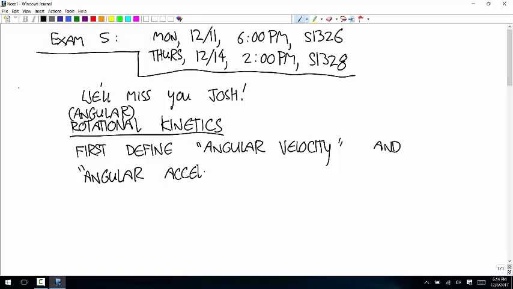And one thing that's going to be very helpful in this whole discussion of angular kinetics is that everything we talk about as an angular quantity has some analogous particle quantity. So angular velocity, we're going to see tons of similarities between that and particle velocity. And angular acceleration, there'll be tons of similarities with particle acceleration. And that's going to happen with every quantity we talk about. So it's going to make it a lot easier to remember how this stuff goes together.